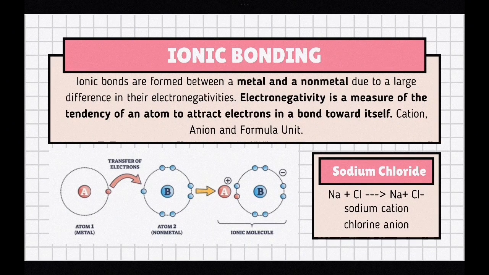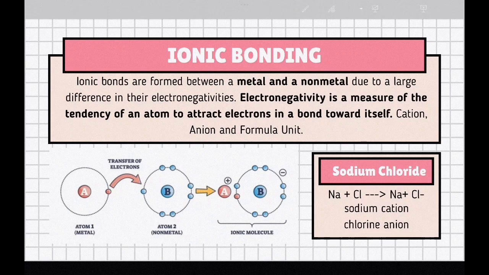Now, if you go back to my previous video, I already discussed the parts of the periodic table, and there it was categorized where the metals, non-metals, and the metalloids are. Here in ionic bonding, one of the most famous examples is sodium chloride.